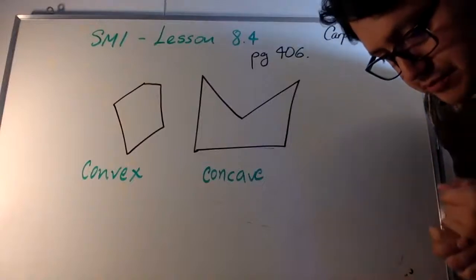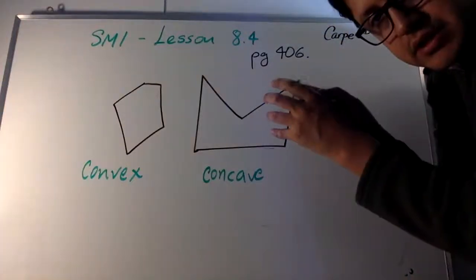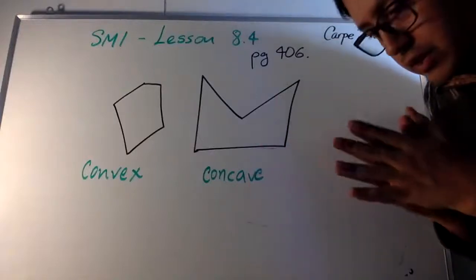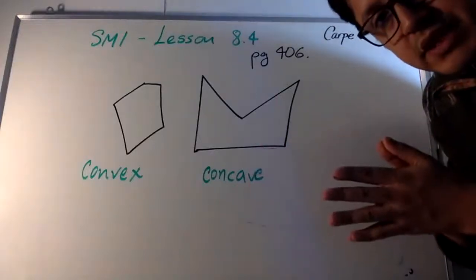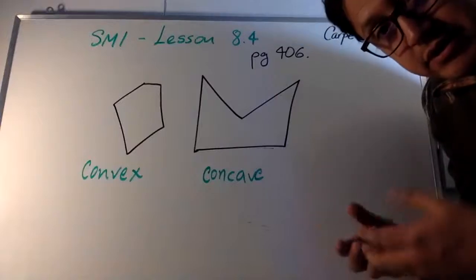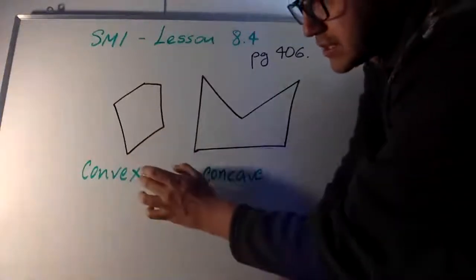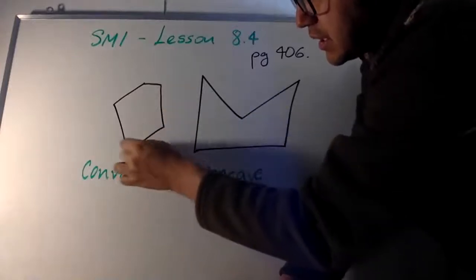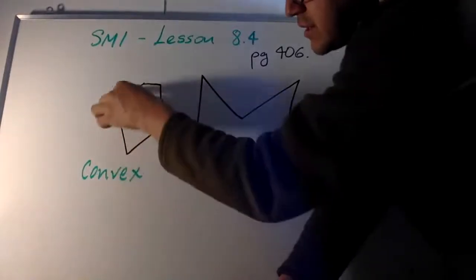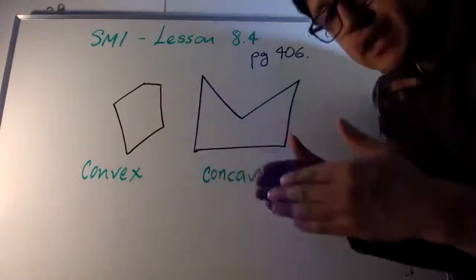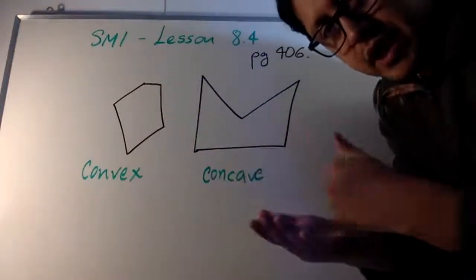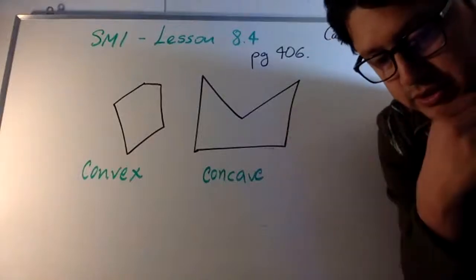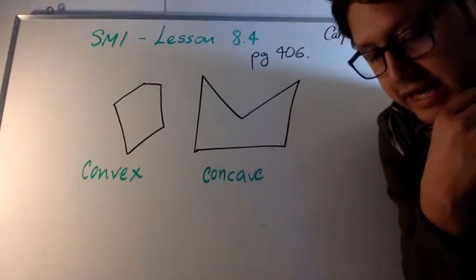The polygon is kind of entering into the polygon. It's like a cave. So this is the convex one, because all these connections, the vertices of each of the segments, are kind of going outside the polygon, and that's the difference between convex and concave.